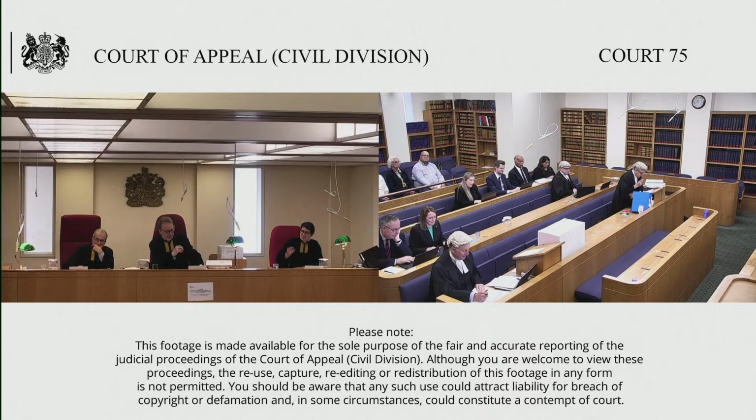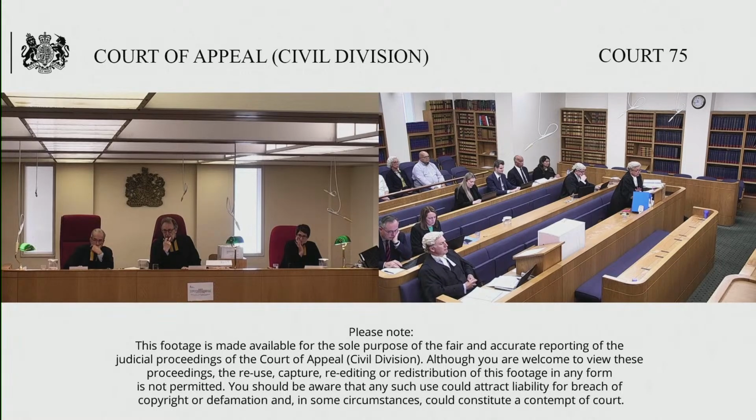My lords, as your lordships and your ladyship will have seen, this is an appeal against a decision of the Employment Appeals Tribunal, allowing an appeal against a decision of the Employment Tribunal that upheld certain of the appellant's complaints of race discrimination. I will, of course, need to take your lordships and your ladyship to the decision of the Employment Appeals Tribunal, but since this is a second-tier appellate court, my submission is your primary concern will be whether or not the Employment Tribunal decision is robust enough to survive the scrutiny that this court will now apply to it.